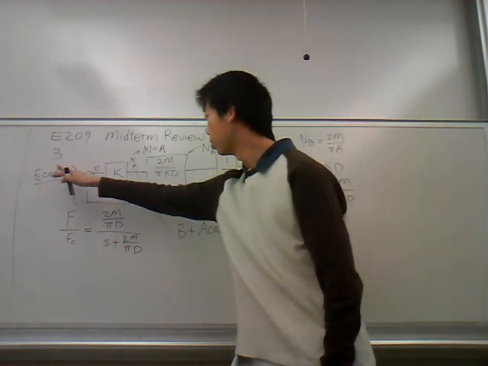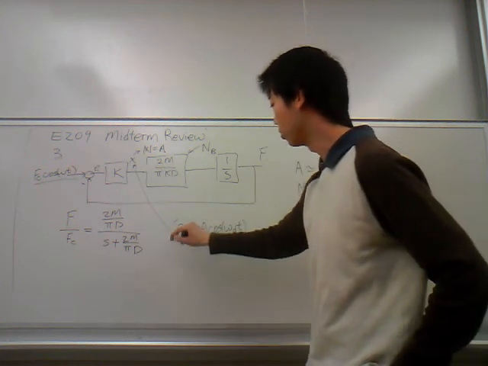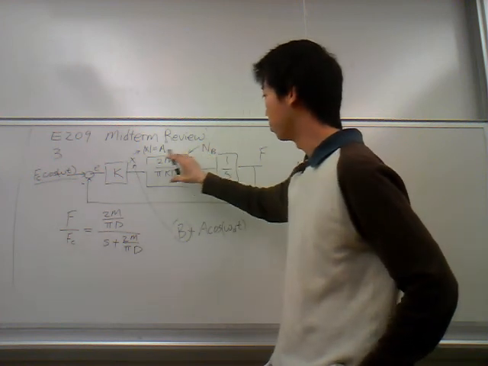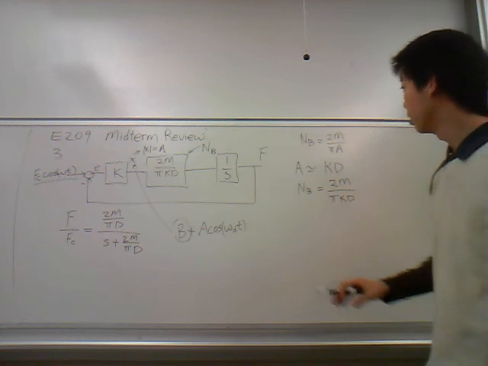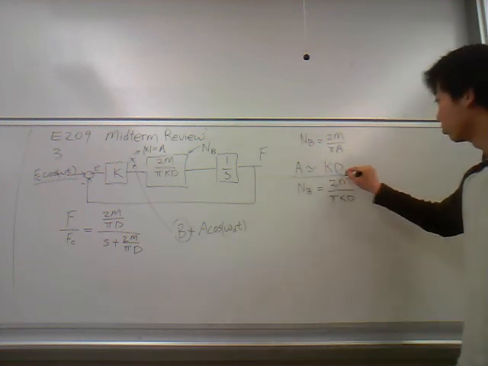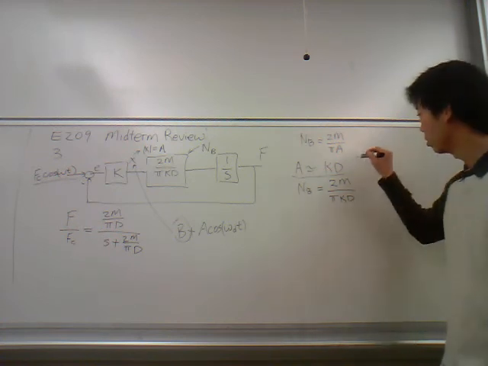So this part looks kind of like gain. So when we're analyzing the low frequency part of it, we can just replace our relay with NB, right? And NB is this, but in the question it says we can approximate A as K times D. So I'm just subbing it in.